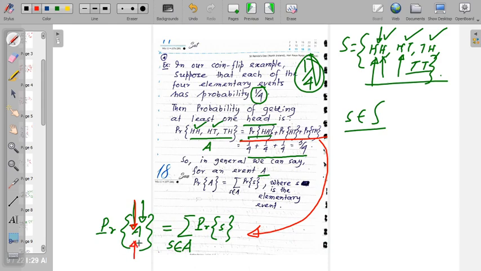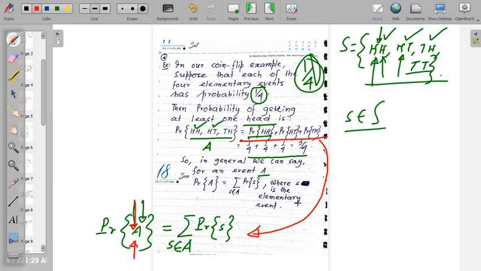So this is the way we have to think. First, we had the sample space. The outcomes of the sample space are called the elementary events. We first have to come up with the objective: what events are we looking for?